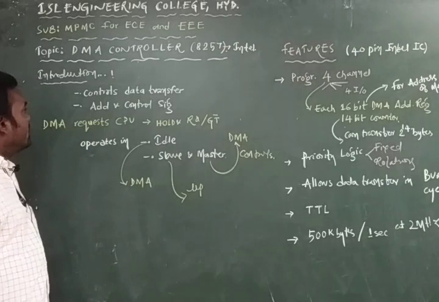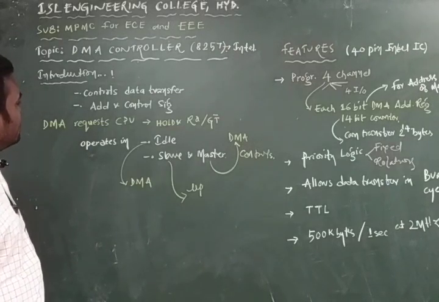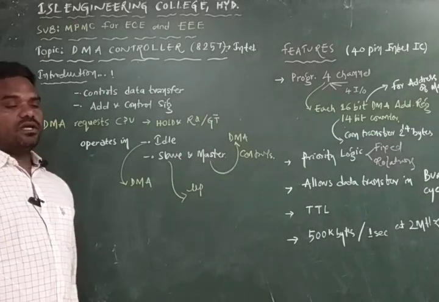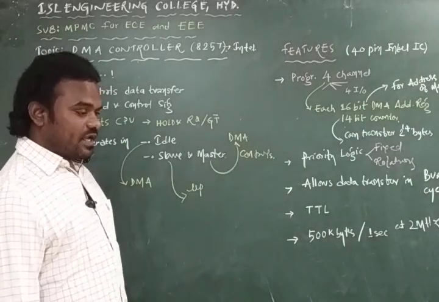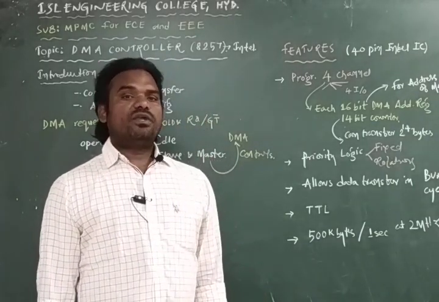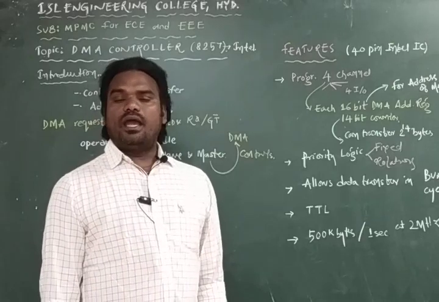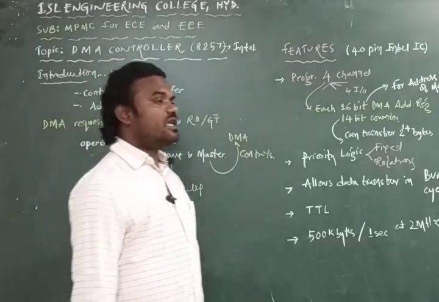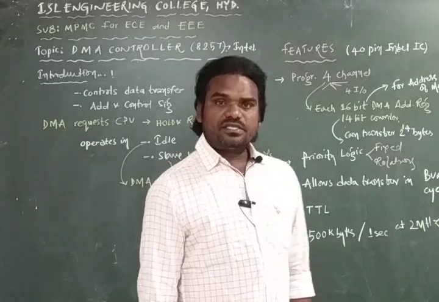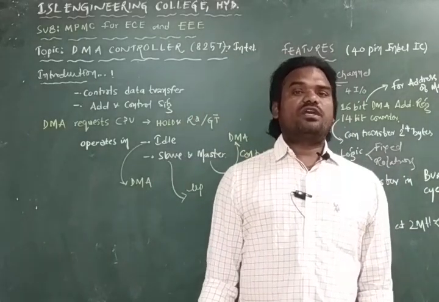Then we go on to the very important things in the DMA controller. What is the necessity to go for the DMA controller? For example, the processor is interfaced with the memory and the input-output devices. If an input-output device wants to access data from the memory, it has to request the processor.